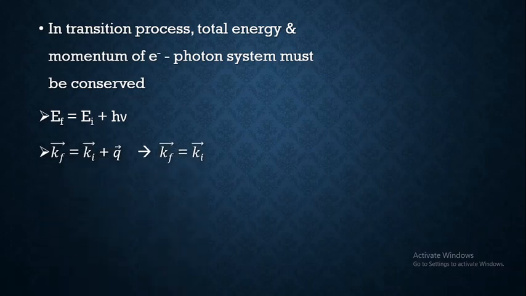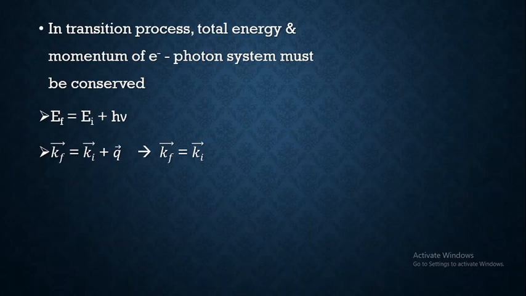Then coming to the momentum. Momentum is nothing but h cross into k. If I omit that h cross, we can explain with respect to the wave vector, so that it will be easy to interpret in our band diagram, as it is an E versus K diagram. The final wave vector will be equal to the initial wave vector plus the wave vector of the incident photon.